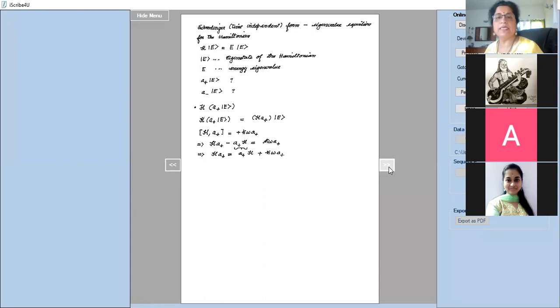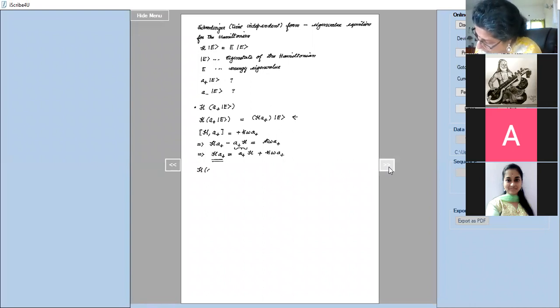I hope everybody has understood this. I've just written out the commutation relation and written up a new expression for H A plus. Now let us take this new expression for H A plus and put it over here in this equation.